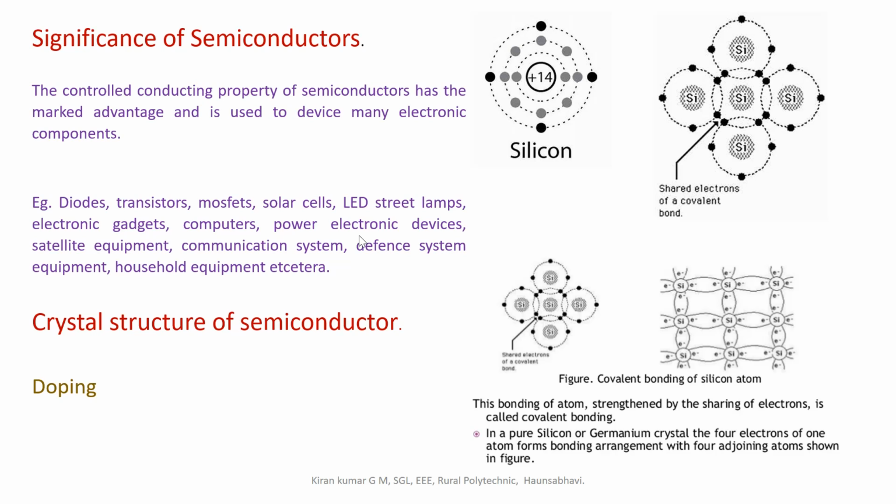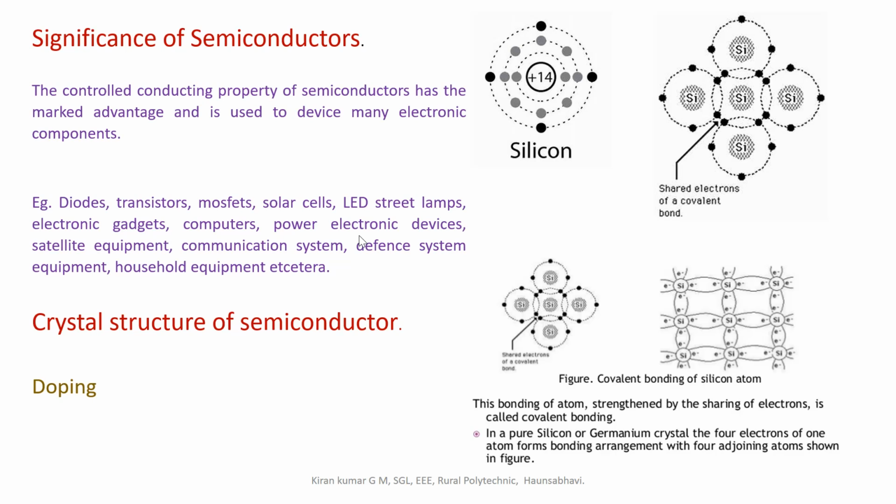When they jump into the conduction band, they leave behind a hole in the covalent bond formation. So these electron hole pairs are the reason for conducting a small current in a pure semiconductor, which is purely dependent on atmospheric temperature.